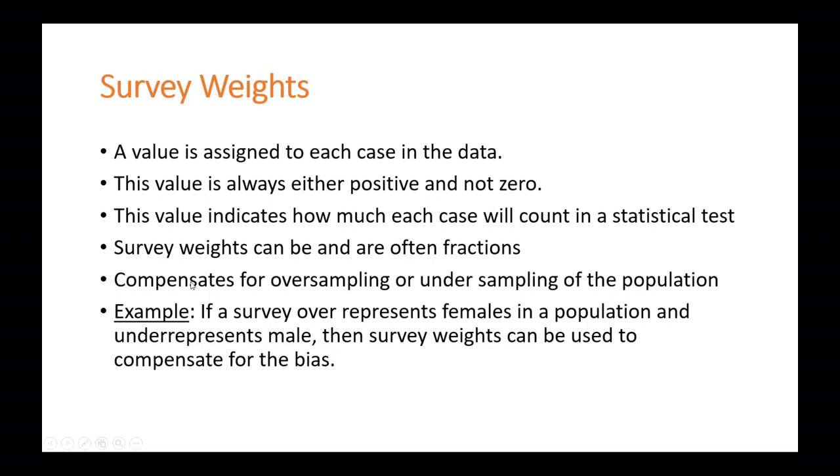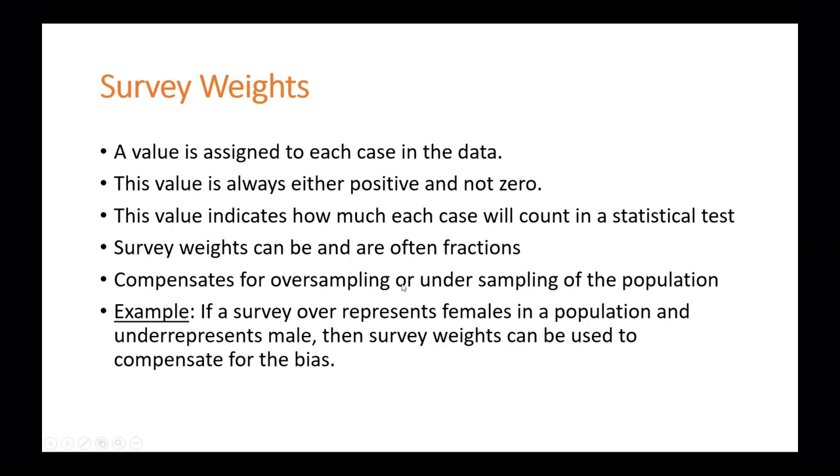Survey weights are used because they compensate for oversampling or undersampling of the population. There are certain studies wherein some populations require oversampling, or sometimes, due to lack of resources or other reasons, there is undersampling of the population.